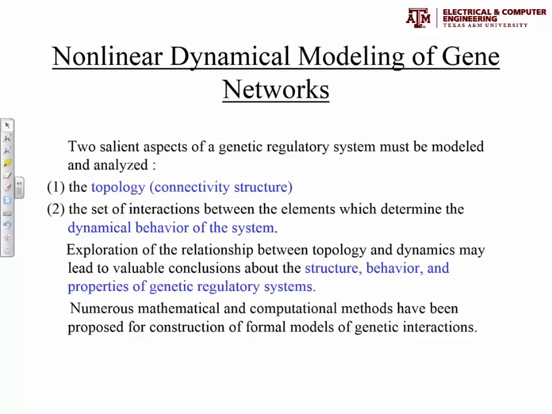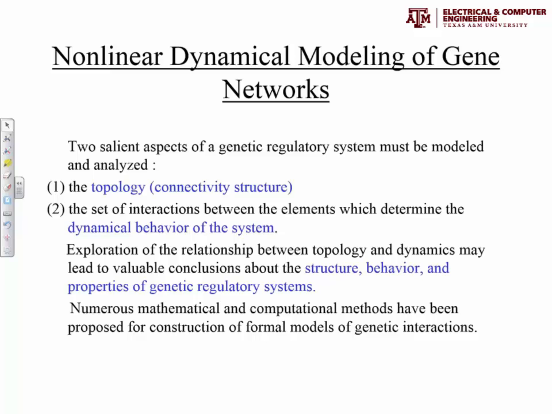You need to know the topology in order to study this network behavior, and you also need to know the set of interactions between the elements which will determine the dynamical behavior of the system. So exploration of the relationship between topology and dynamics may lead to valuable conclusions about the structure, behavior, and properties of genetic regulatory systems.